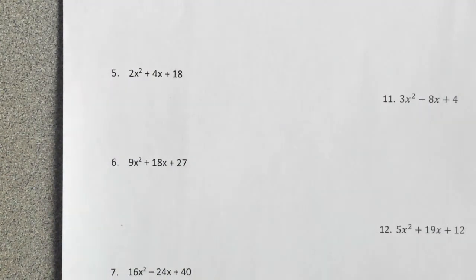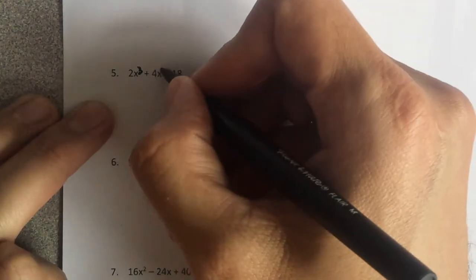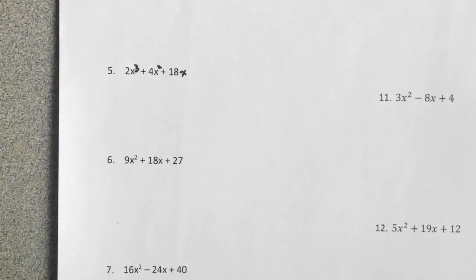Let's actually change this one so we can talk about it. Let's make this a 3, that a squared, and that an 18x. So we will worry about that second.